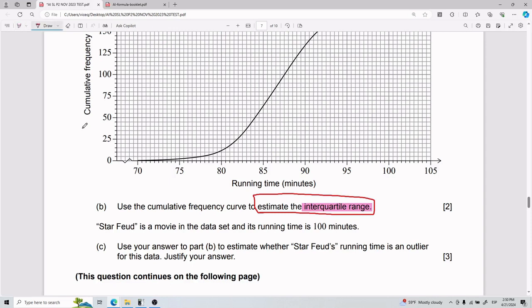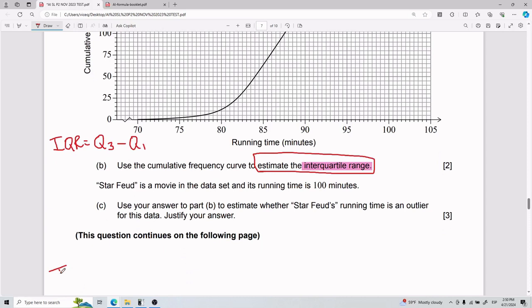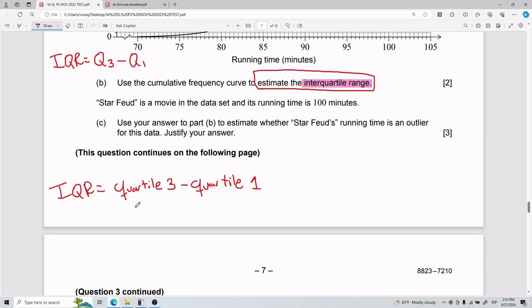Now, we need to understand what the heck is Q3 and what the heck is Q1. So, Q3 makes reference to quart, all right? So you can think about it as quartile 3 minus quartile 1, all right? Now, this has to do also with percentiles, all right?